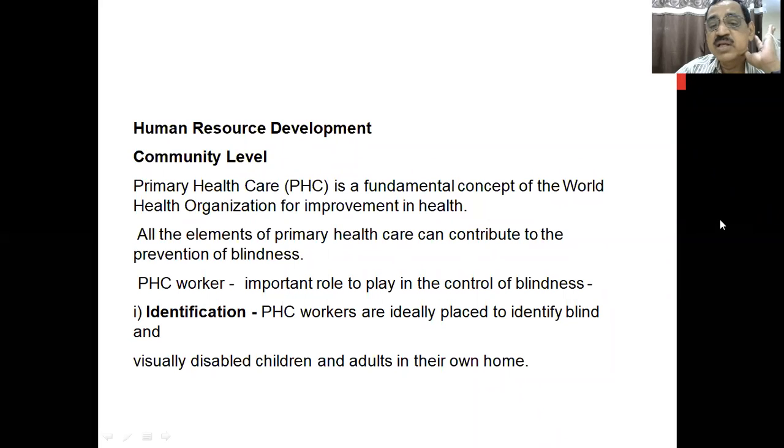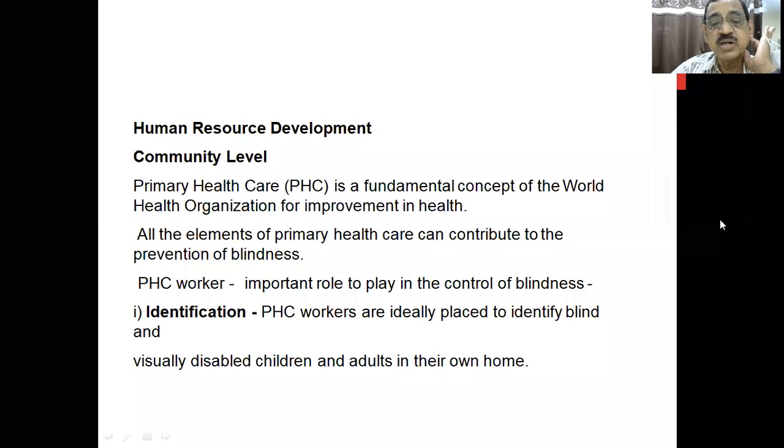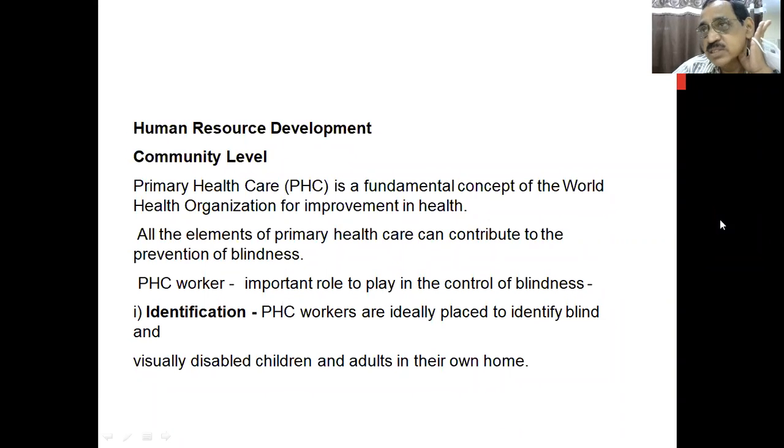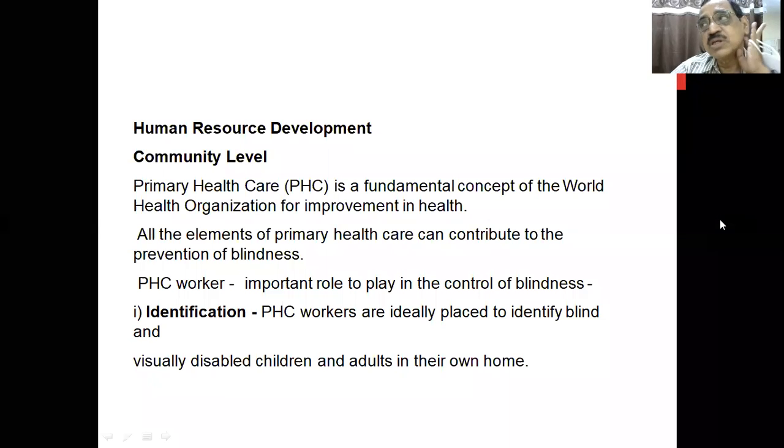And primary health care is a fundamental concept of the World Health Organization for improvement in health. So we have the mother PHCs and also the other small PHCs spread over most of the villages. There you will have a medical officer and middle level ophthalmic personnel. All the elements of primary health care can contribute to the prevention of blindness.